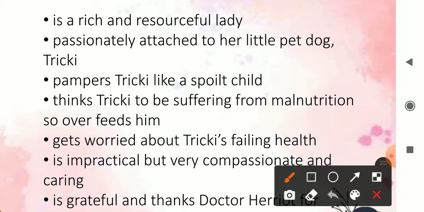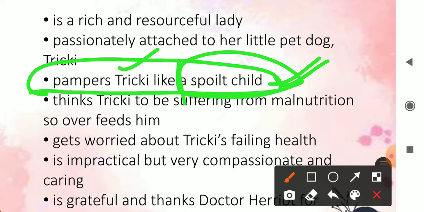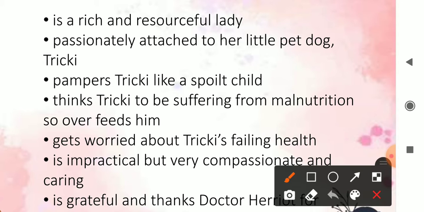The story shows she pampers Tricky like a spoiled child. Remember, she had made Tricky unable to do anything by overfeeding.